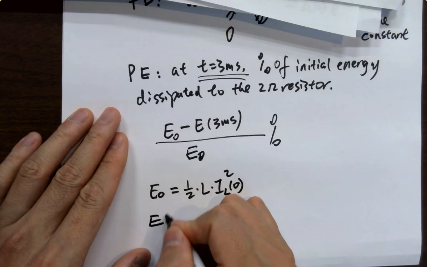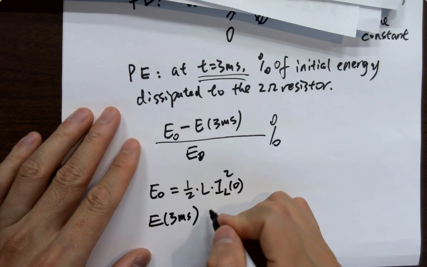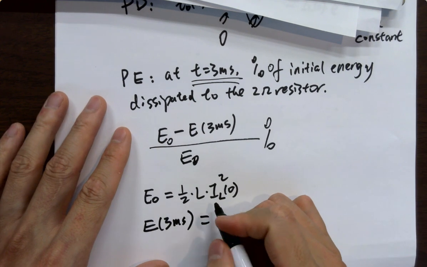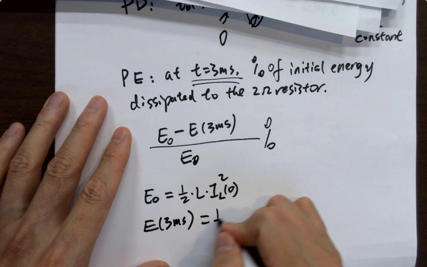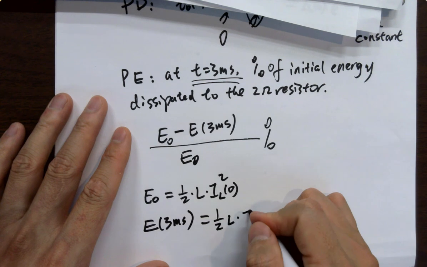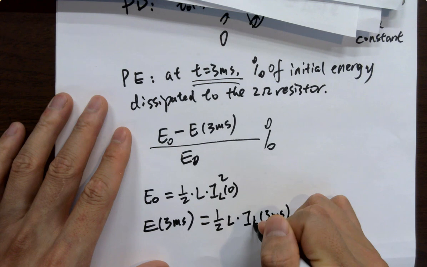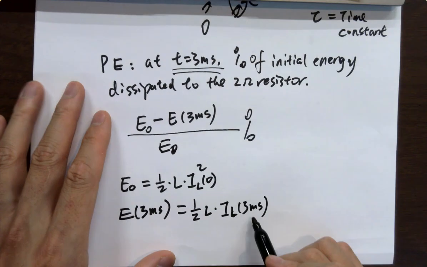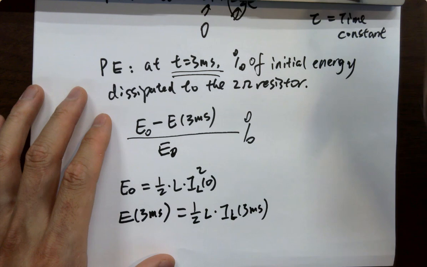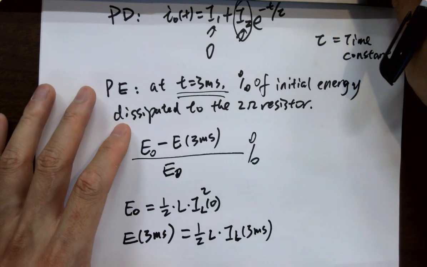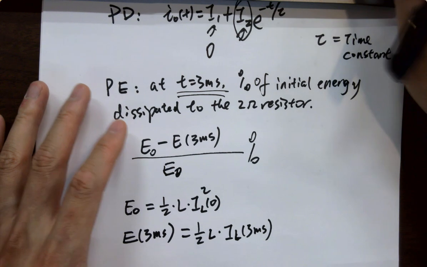What is E at 3 milliseconds though? You need to know. So E at 3 milliseconds is a half times L times IL at 3 milliseconds. Do you know ILT so we can plug in this number in it? Yes, we have calculated, right? We know the time constant.